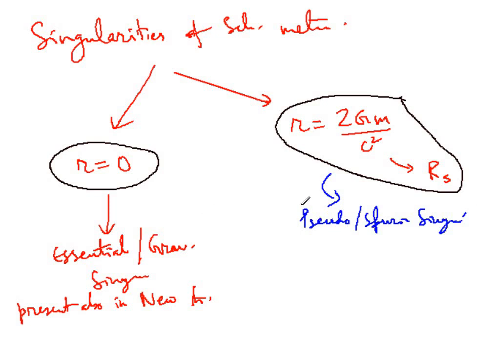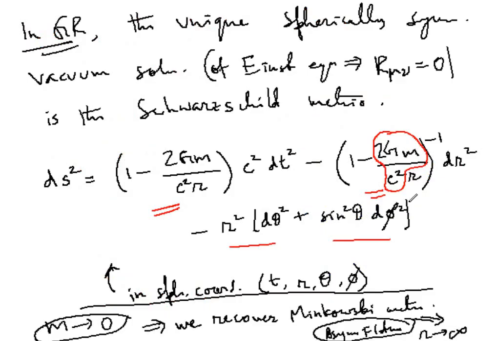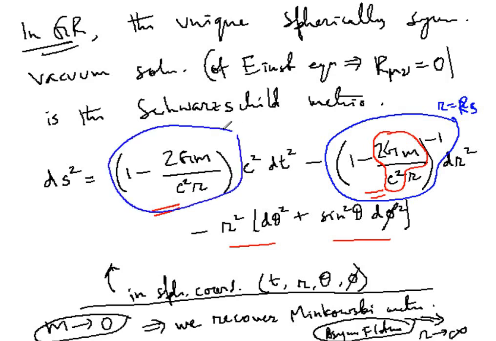But before I proceed, you must remember that we are calling this a singularity because of the fact that this term becomes infinite. That means this one, this term. So this entire term blows up at r is equal to rs, that is the Schwarzschild radius, and here this entire term blows up at r is equal to 0.